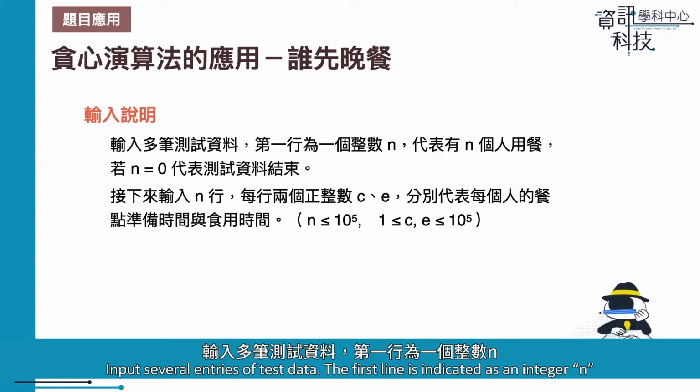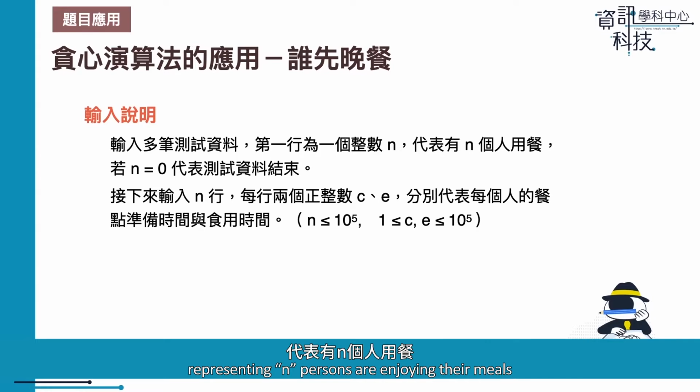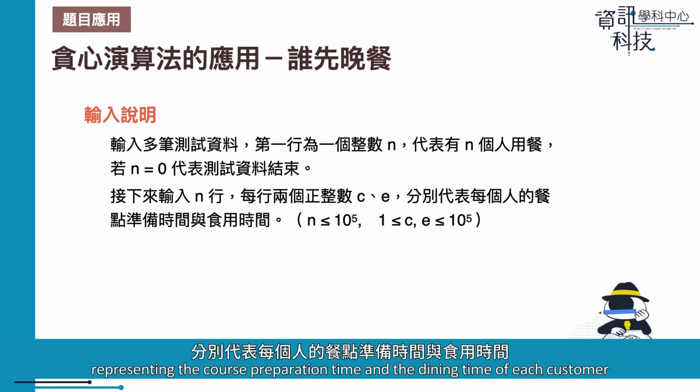Input instructions. Input several entries of test data. The first line is an integer N, representing N persons enjoying their meals. If N equals 0, it represents the test data has ended. Next, input N lines with each line containing 2 integers, C and E, representing the course preparation time and the dining time of each customer.